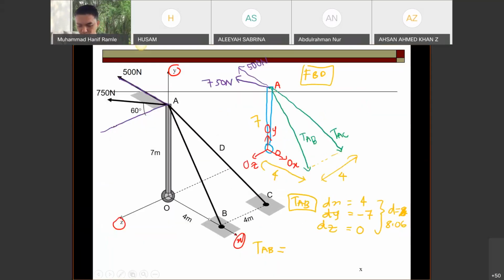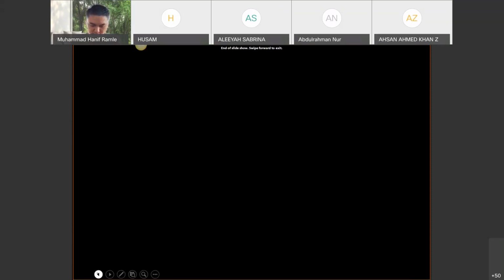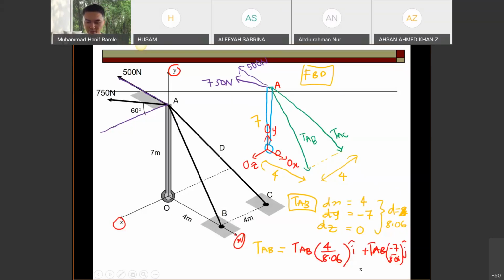Since there are two components only, so just put two components of X and Y. So we do have TAB in bracket 4 over 8.06 I, and Y component is plus TAB in bracket negative 7 over 8.06 J. So this is your TAB in terms of IJK form.